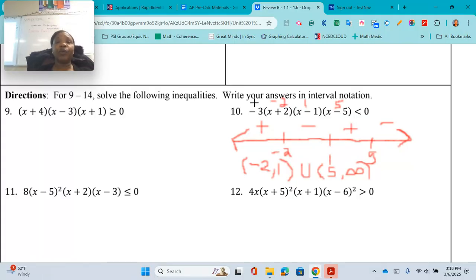I had to figure out what the leading coefficient is, and because these are all factored, that negative 3 is going to end up being multiplied by all these positive x's. So that negative 3 times a positive is a negative, times a positive is a negative, times a positive is a negative. Great question. Anyone else have any questions? Nope?